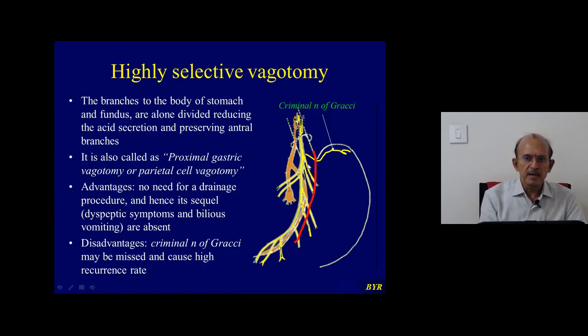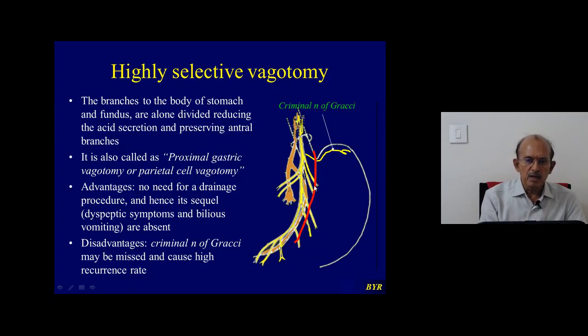Now you can see here, there is one nerve coming most proximally from the vagus nerve. This nerve actually traverses over the esophagus and passes to the fundus and supplies only the fundus area.